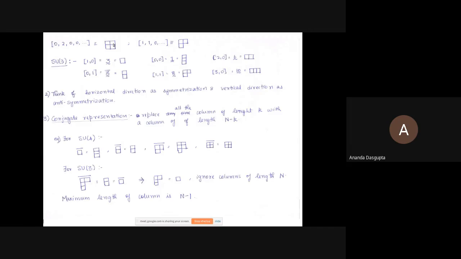You showed us the two columns, and then you were mentioning 1, 1, 0, 0. Is that the same for everybody? Were you describing the SU(3) multiplets?